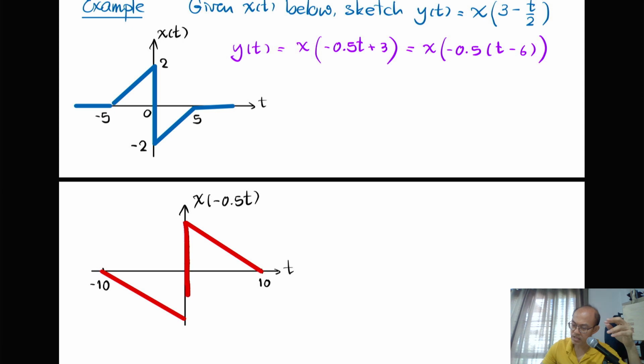So this is x of minus 0.5 t, and nothing changes on the y-axis. So 2 and minus 2 would still be the same. And so this is x of minus 0.5 t.